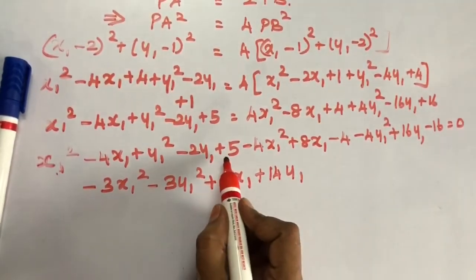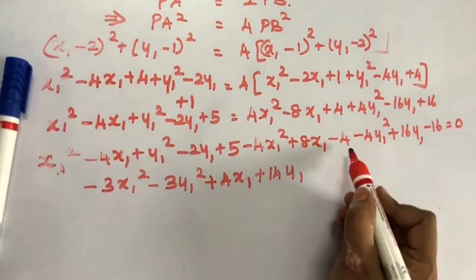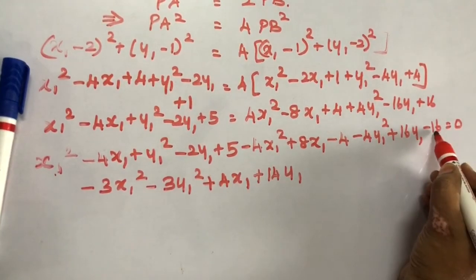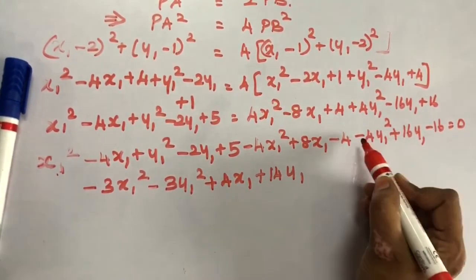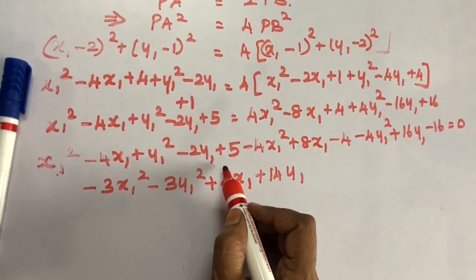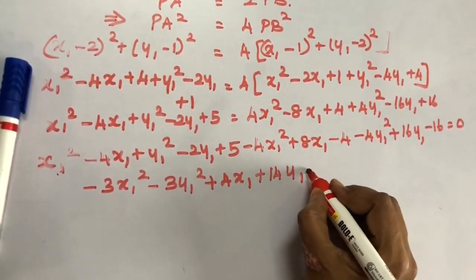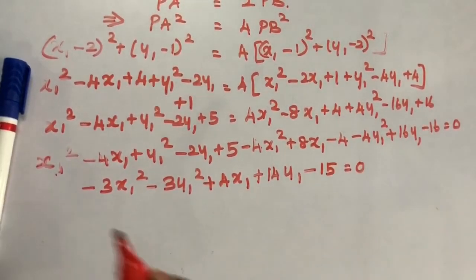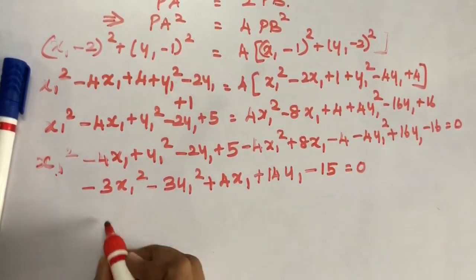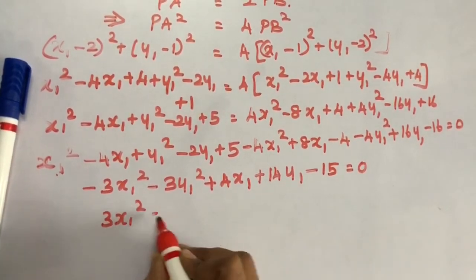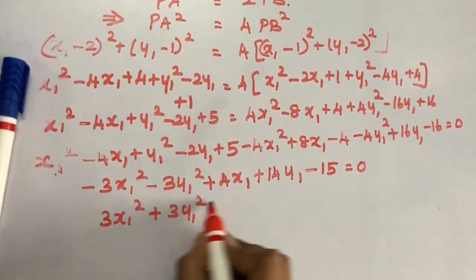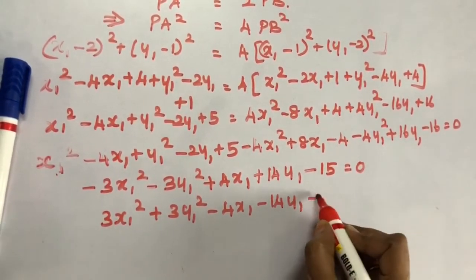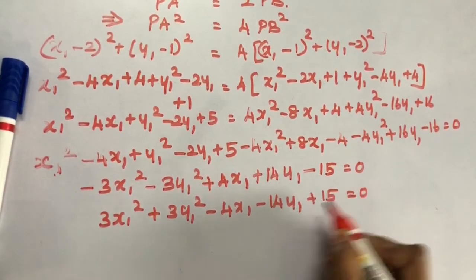The constants 5, minus 4 and minus 16: minus 4 and minus 16 becomes minus 20, minus 20 plus 5 becomes minus 15 is equal to 0. Shall we change the sign? 3x1 square plus 3y1 square minus 4x1 minus 14y1 plus 15 is equal to 0.